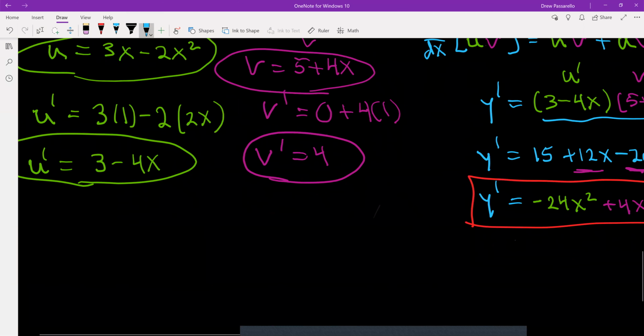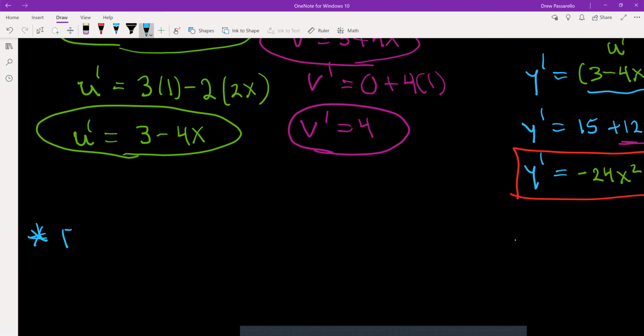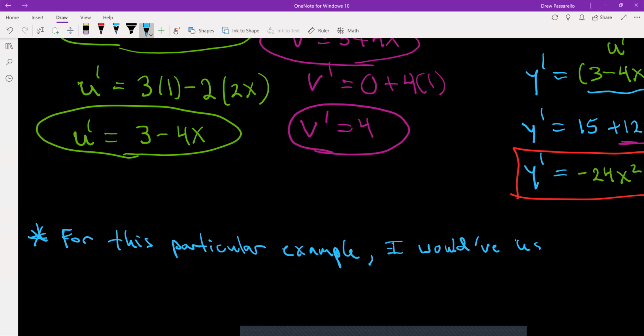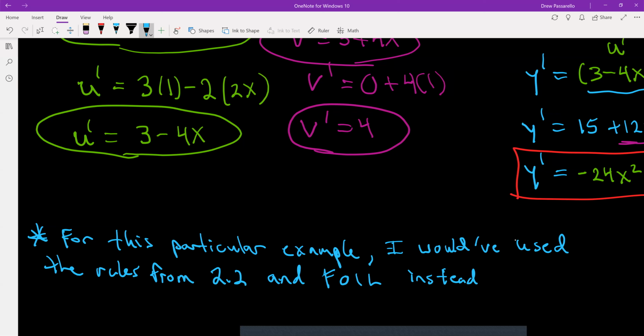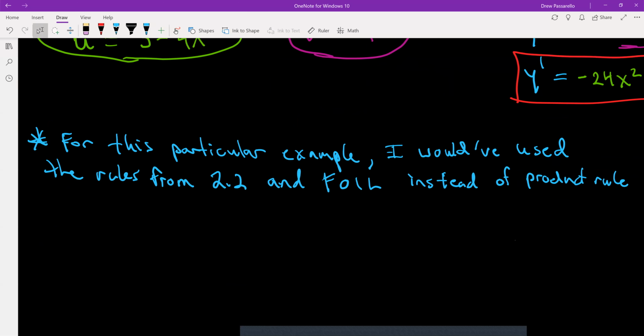For this particular example, I would have used the rules from section 2.2 and FOIL instead of the product rule, just because it seemed to be less work.